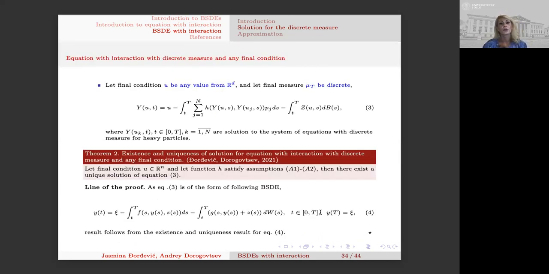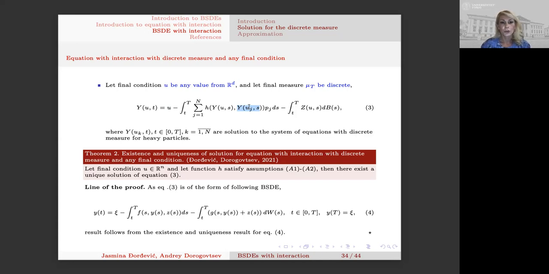Now, if we want to generalize to the case of a BSDE with a discrete measure, in the sense that we now have any final value from R^d, we will use the fact that this process, which occurs in the drift in the function h, is actually a function of a BSDE with a final discrete measure, and for n particles its existence and uniqueness we proved in the previous theorem.